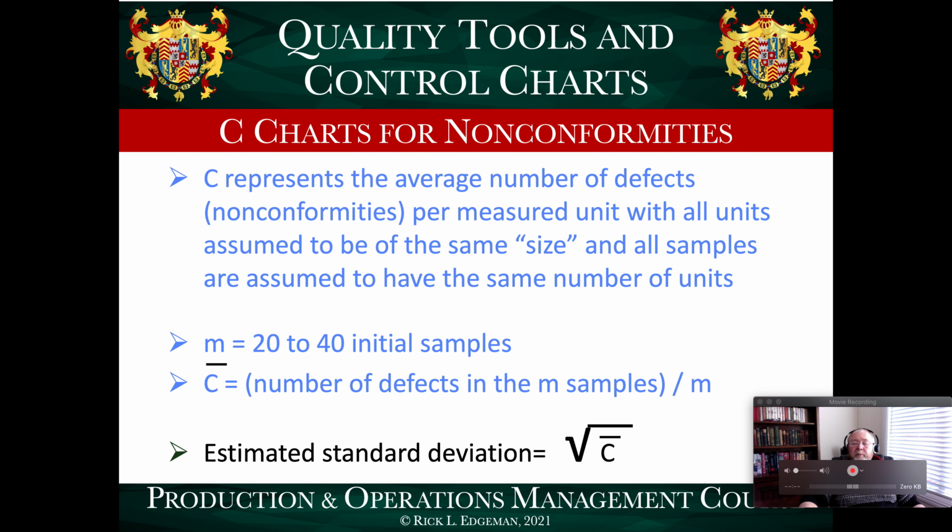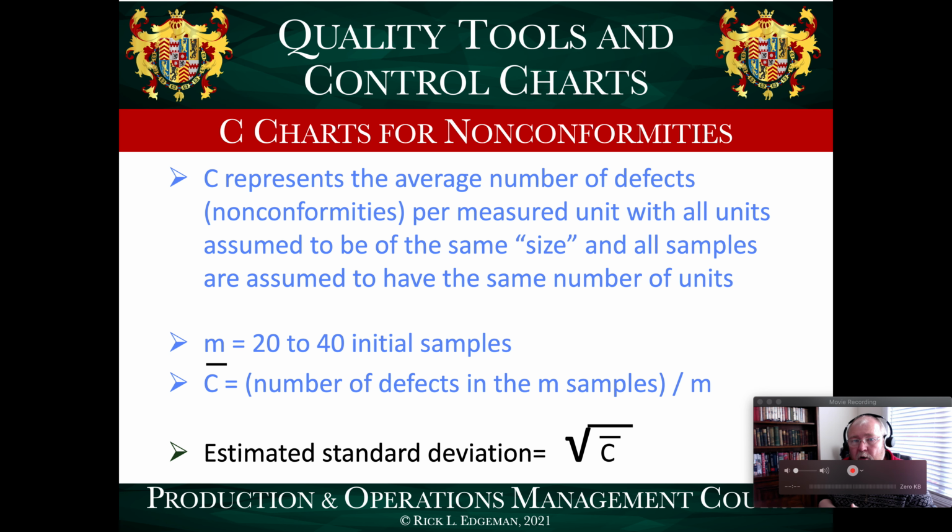The way that we're going to be able to estimate c is the following: we're going to obtain some number of initial samples. For most control charts, that is 20 to 25 samples of n items in each sample. In this case, we usually say for this particular type of chart, 20 to 40 initial samples. The sample is always 1.